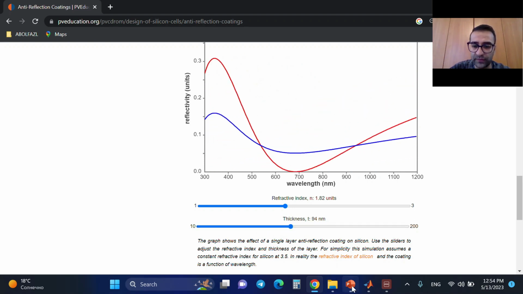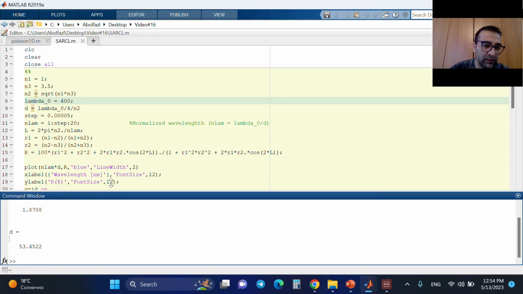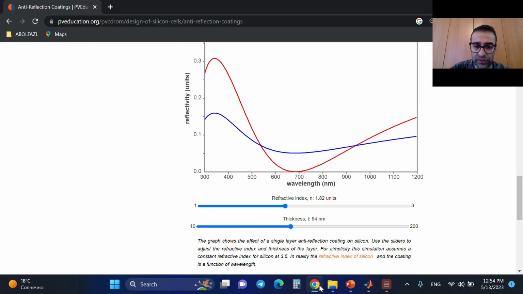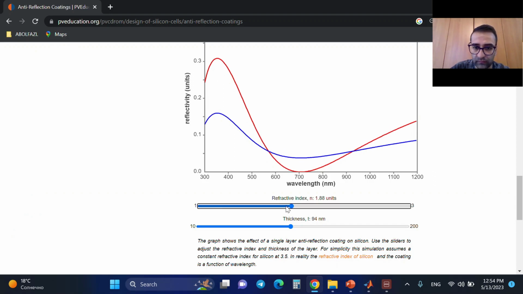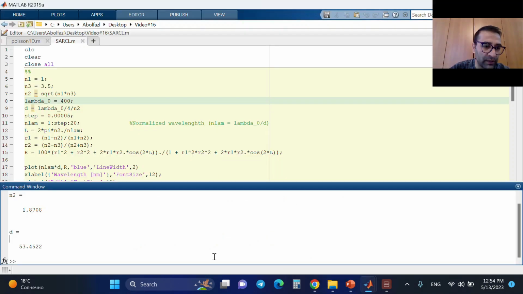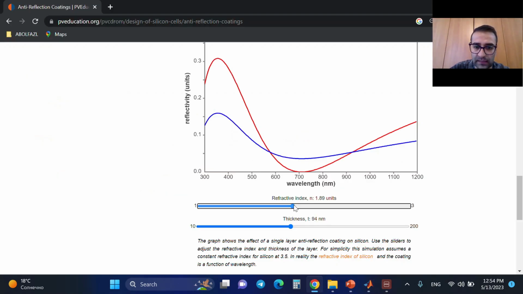And you see that what we found for 400 nanometers, if we want zero reflectance at 400 nanometers, N should be about 1.9. Let's adjust the refractive index to 1.87.